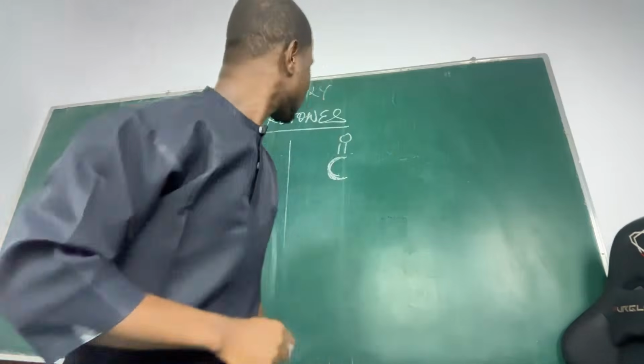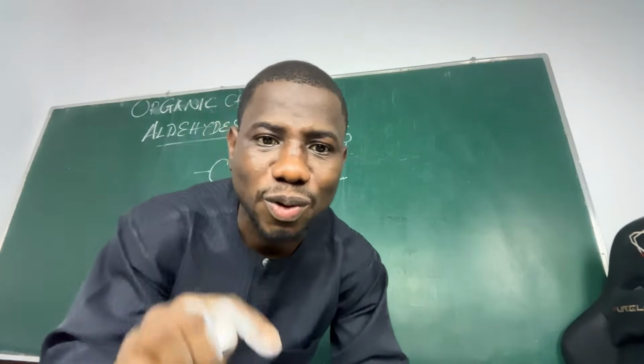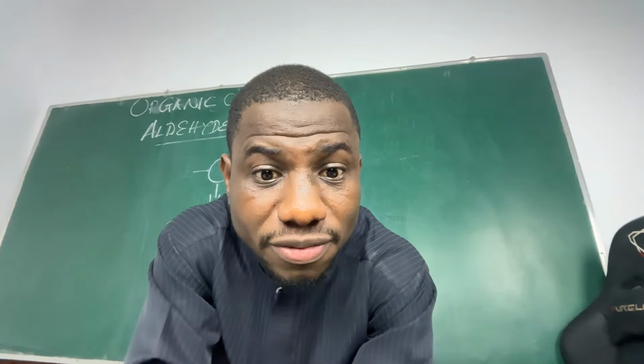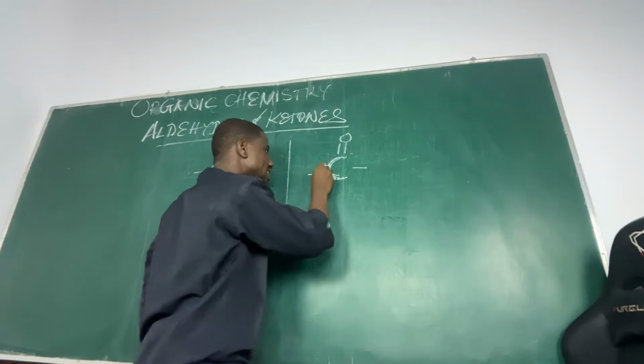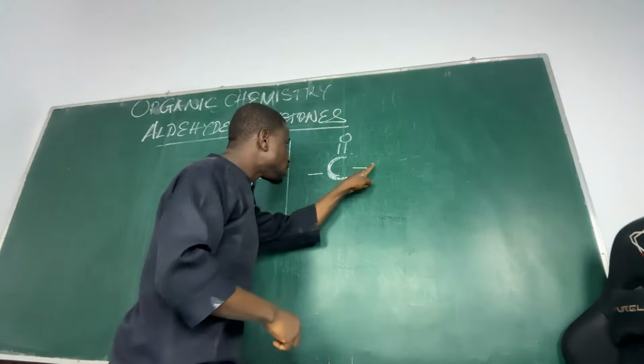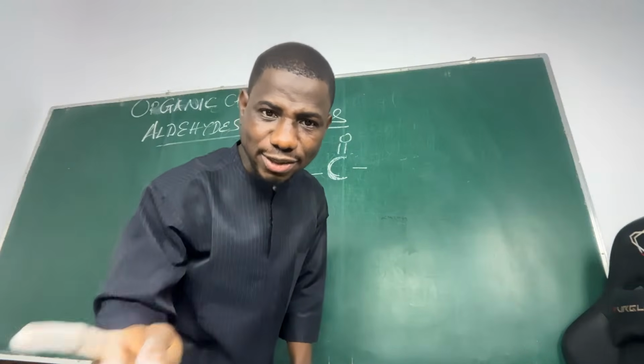Don't forget this. Now, when we have this carbonyl group, but it's not bonded to hydrogen, you don't call it an aldehyde again. It becomes a ketone. So once we have this, but what is present is not a hydrogen atom, we don't call it an aldehyde group again.